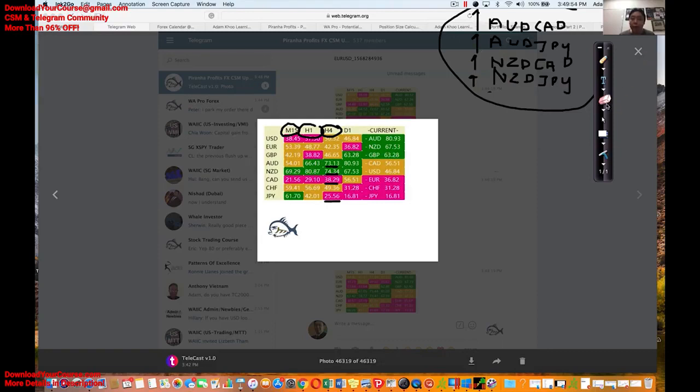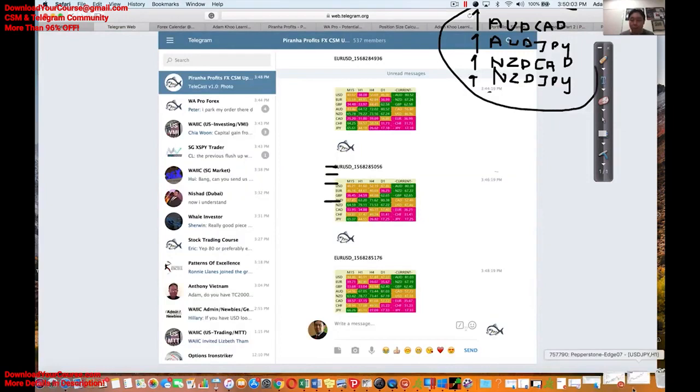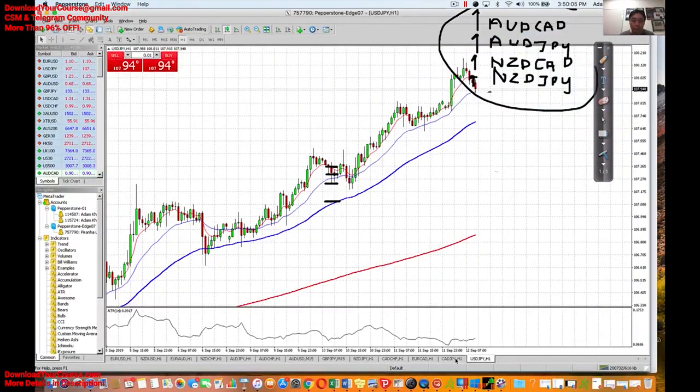So what do I do next? The next thing I'll do is I will then look at the charts for these four pairs, looking for a trade setup if the trade setup appears. So I'm going to open my charts right now. Okay. So what I could do is I'm going to look at Aussie CAD. Let me delete the rest.